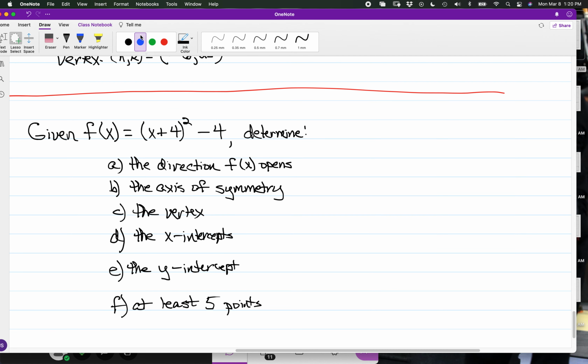Okay, so just once again, starting out, going ahead and identifying the a, h, and k values.